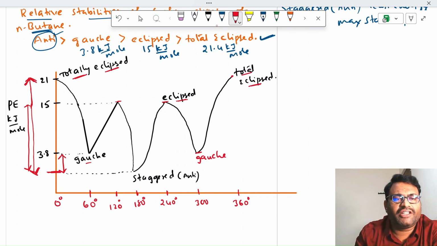So in this way, their energies change due to torsional strain and steric strain. Due to repulsive forces, their energies increase, and these energy barriers are very small. So the molecule continuously undergoes rotation from one conformation into another conformation.